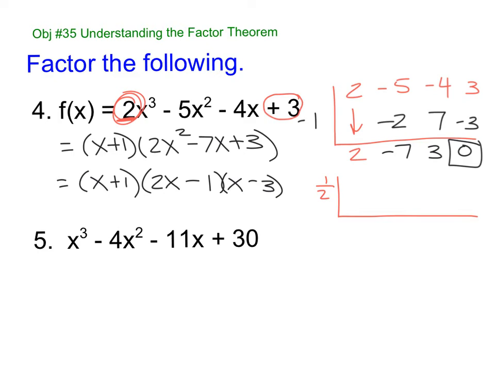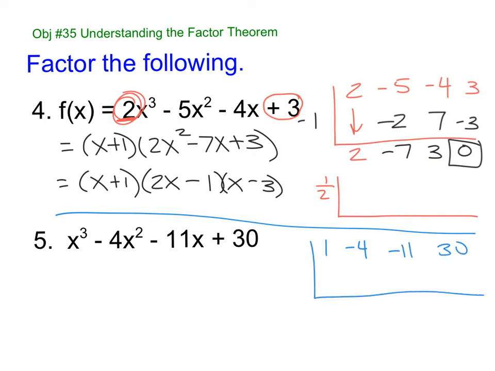All right. And then this one, we got 1, negative 4, negative 11, and 30. I'm going to guess I bet it's a 1, a 5, and a 6. That's my guess. Let's see if I'm right. Negative 3, nope. Negative 1.